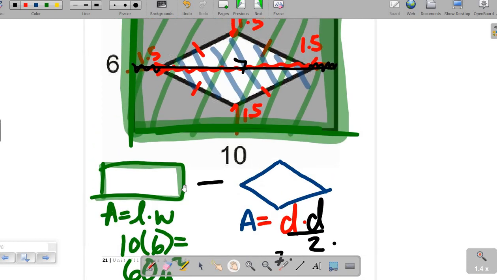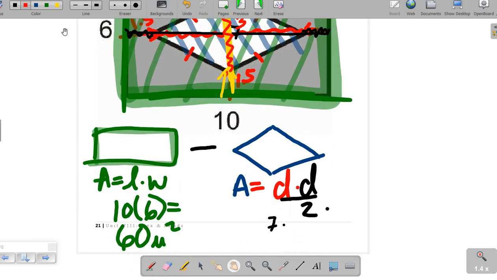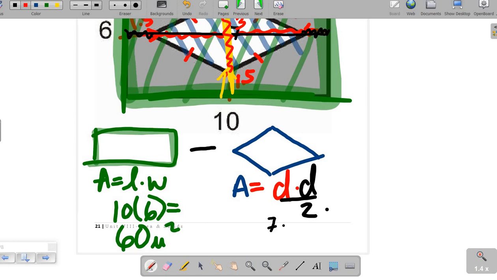My other diagonal going this way, the whole thing, of course, is 6, but you go in 1.5 on both sides, which is 3. So that means the length of that diagonal is going to be only 3. So 7 times 3 over 2.